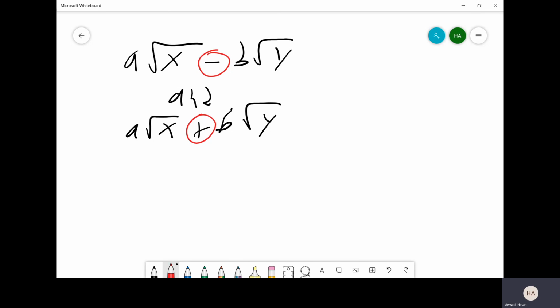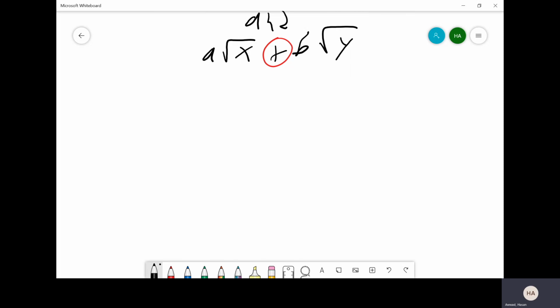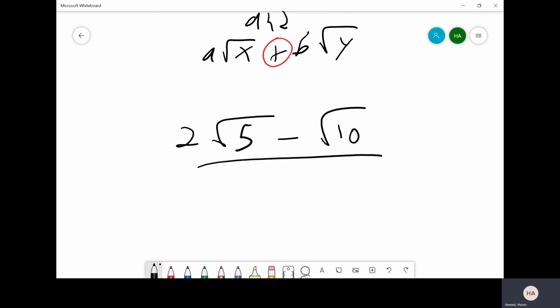So let's look at an example, because it'll make more sense with an example. If we have 2 square root of 5 minus square root of 10, all over 2, and I say I want you to rationalize the numerator, obviously, because the denominator is already rationalized.